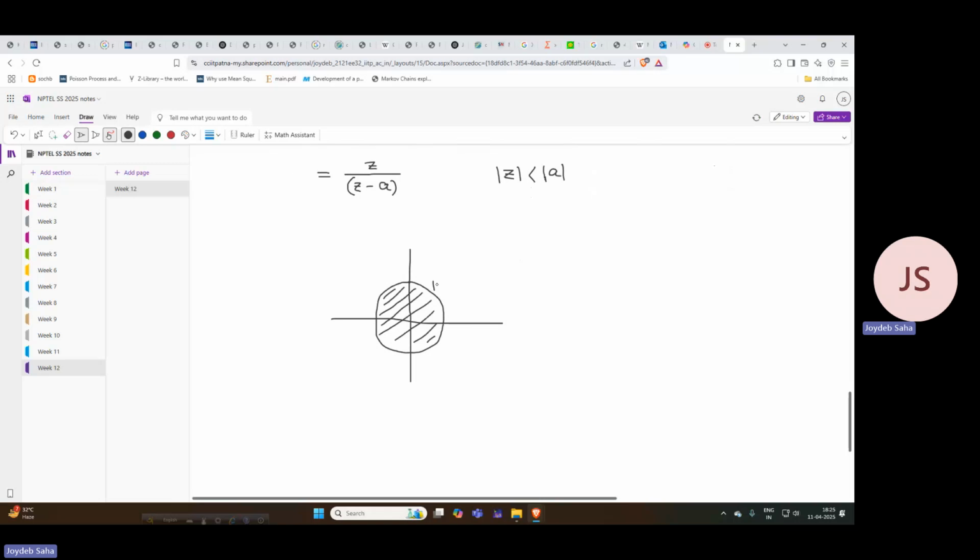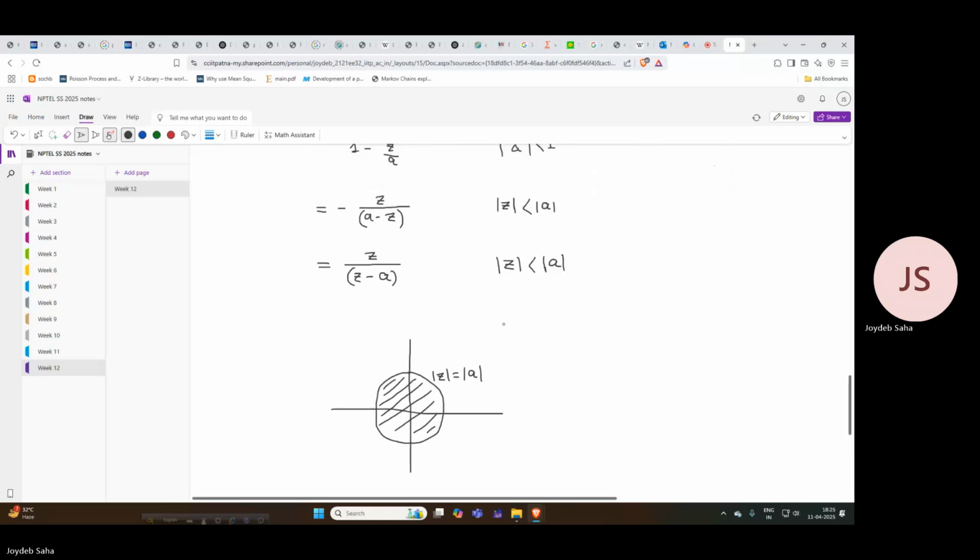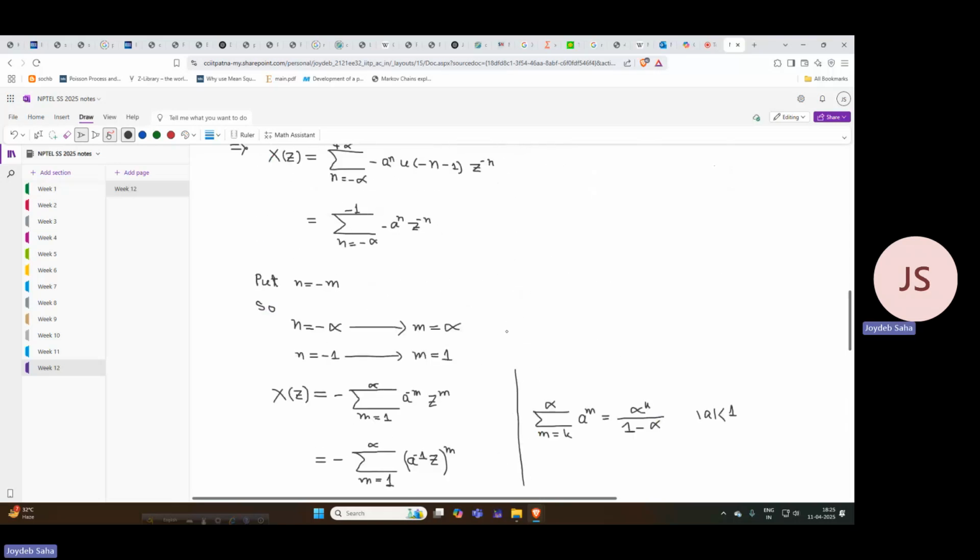This is mod Z equal to mod A line. Fine. So please have a look what we have done here.